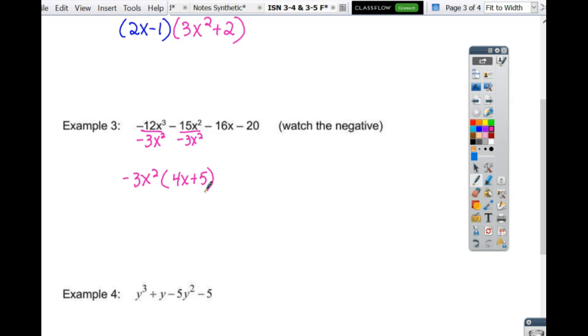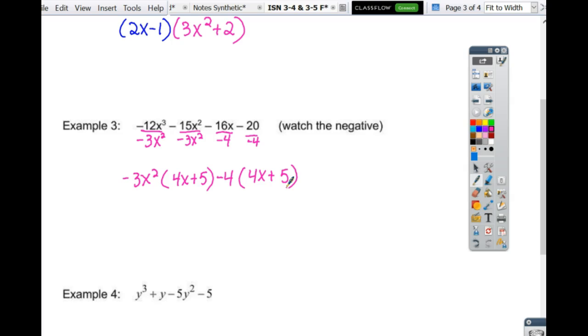And then 16 and 20, what did they have in common? 4, but it has to be negative, right, because of the negative. So I'm going to divide by negative 4. So I write negative 4 right there. And so when I divide, I get 4x plus 5.